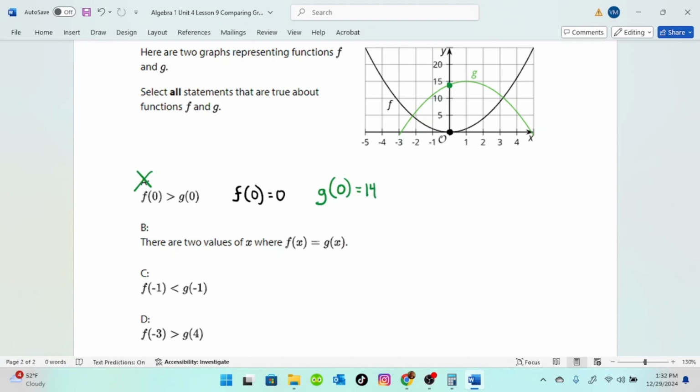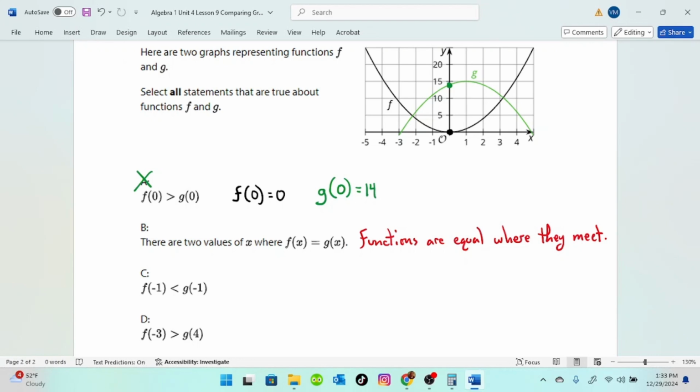Choice B. There are two values of x where f of x equals g of x. And what we need to know is that functions are equal where they meet.